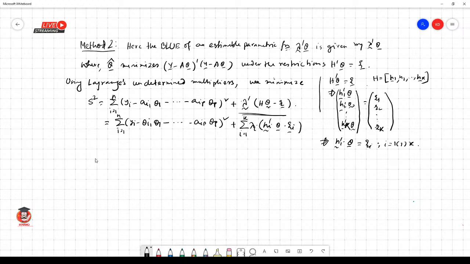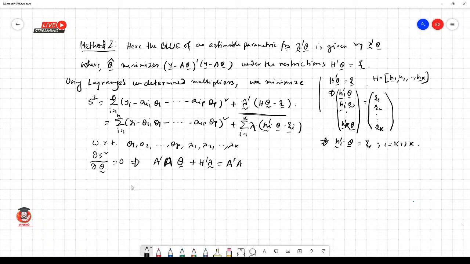Okay, now minimize this part with respect to θ1, θ2, ..., θp and λ1, λ2, ..., λk, and the normal equations are, if you differentiate this with respect to θ equal to 0, then you get A'Aθ̃ plus Hλ̃ equal to A'y, I think.